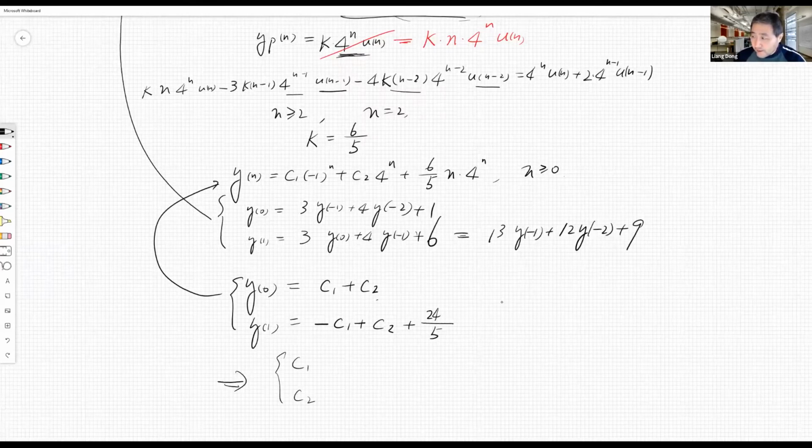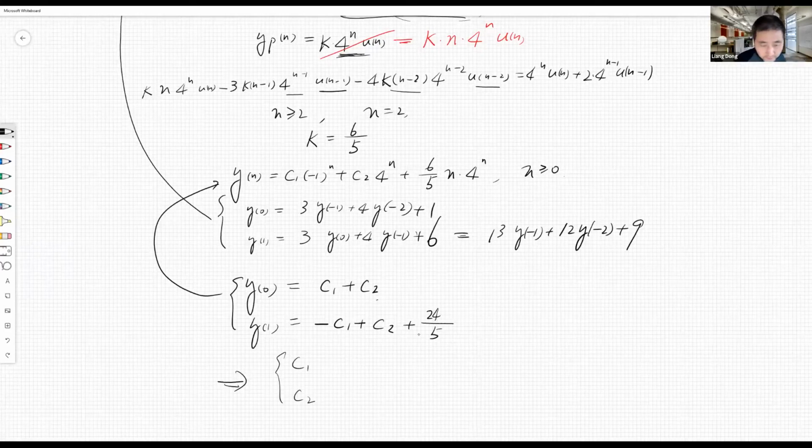Another way of calculating this, since we already solved for the C1 and C2 for the homogeneous equation, that means we solved for the 0 input. X is 0. We're solving for the 0 input.